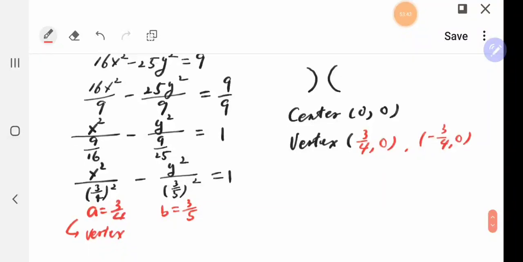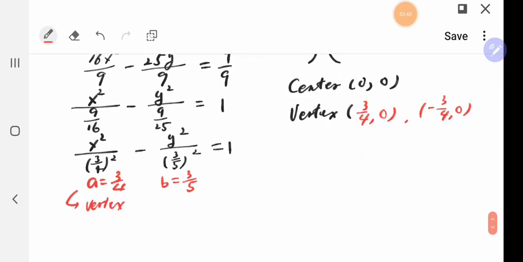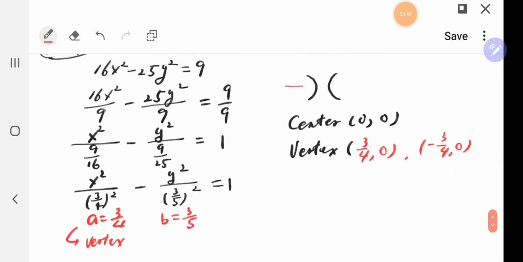Okay, how do we find the foci? We need to find the c value. This is the center, this is a, this is b, and this is c.